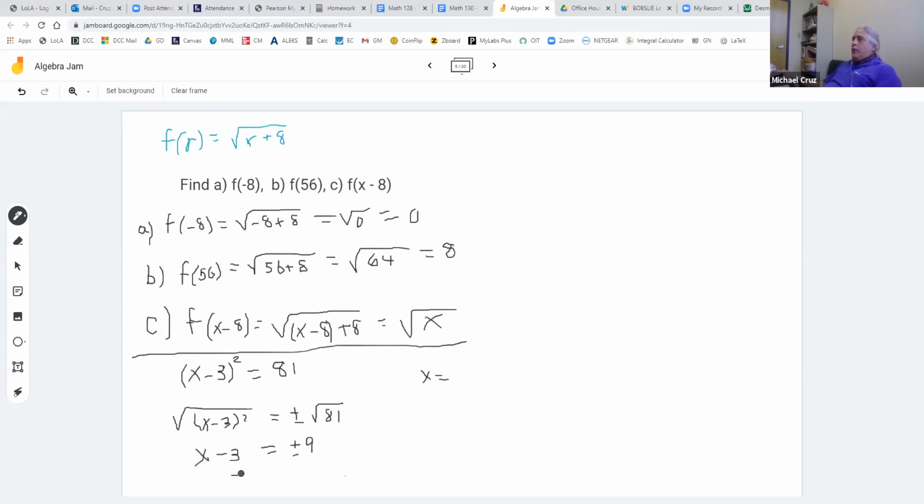And I'm going to add 3 to both sides. So here's my two solutions. Since they're both numbers, it's easy enough to put them together. It's x equal to 3 minus 9, and x is equal to 3 plus 9.